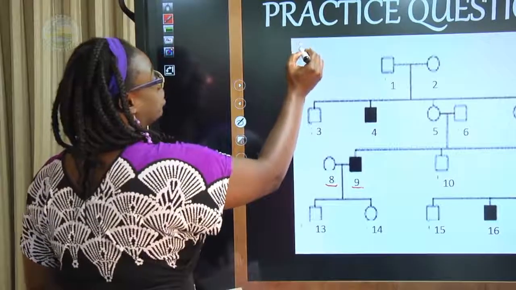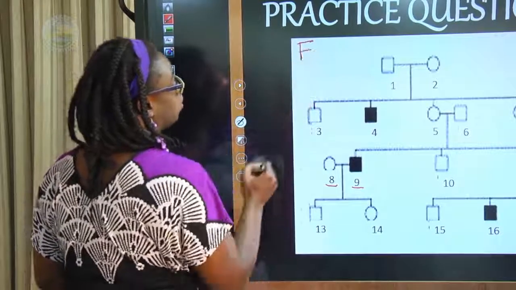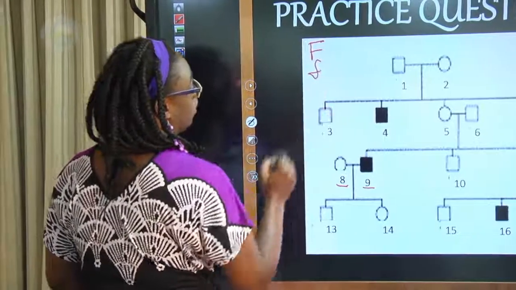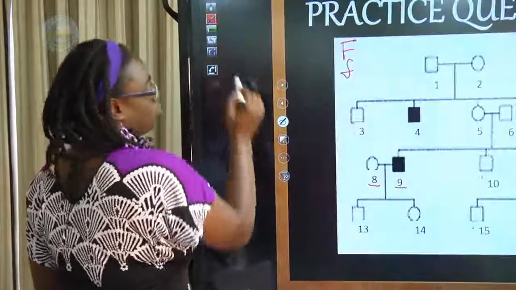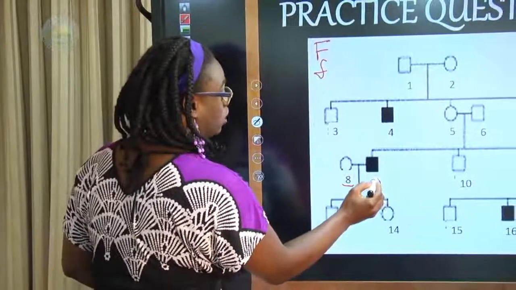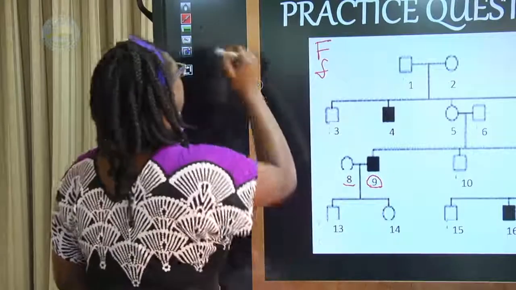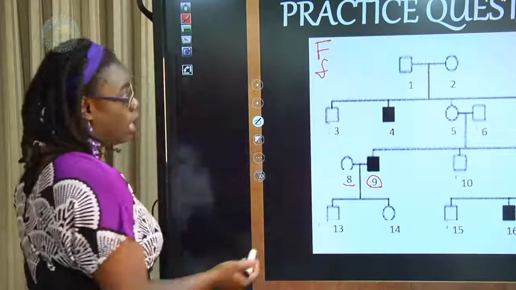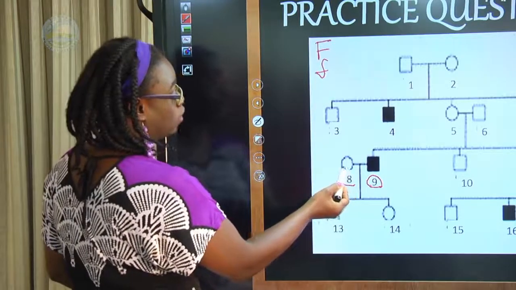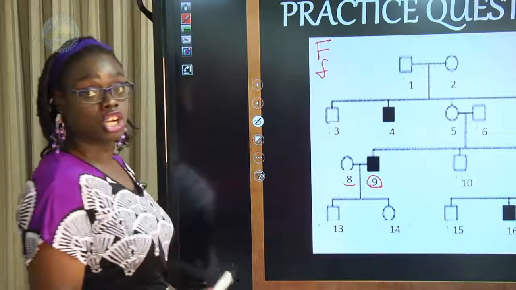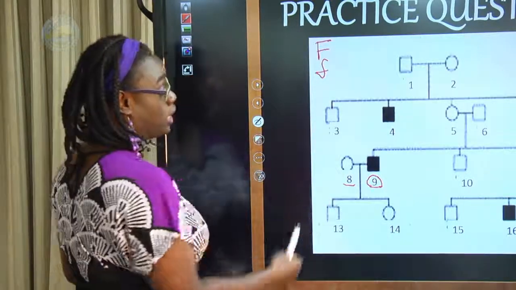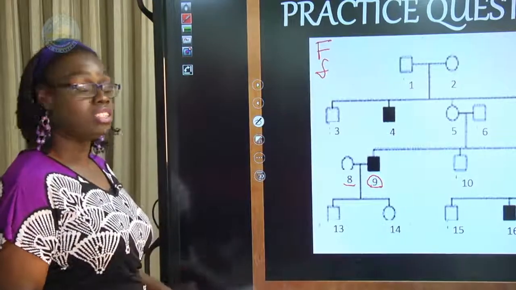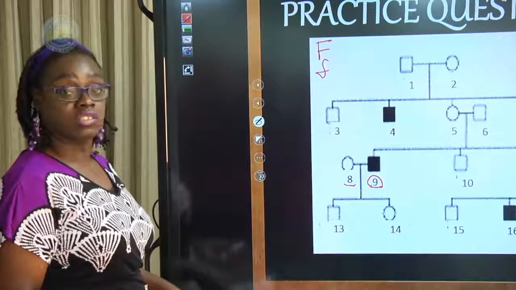Remember, we're using the letter F, capital F for dominant, and small f for the recessive trait. So individual 9, we had already worked out, has a genotype of small f, small f. And if we look at individual 8, this person does not have cystic fibrosis. But we don't know if individual 8 is homozygous dominant or heterozygous for the trait.